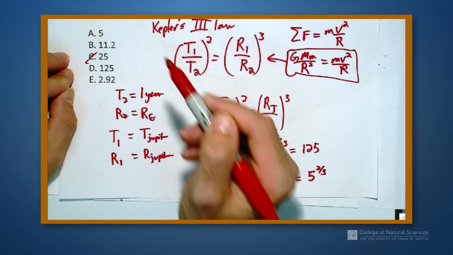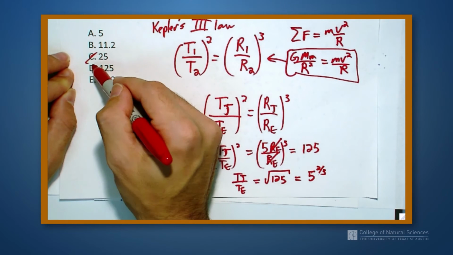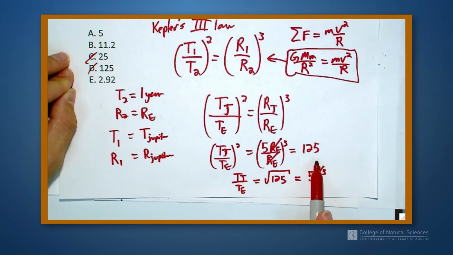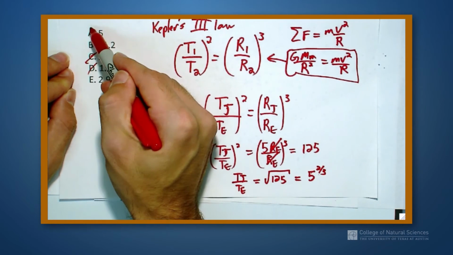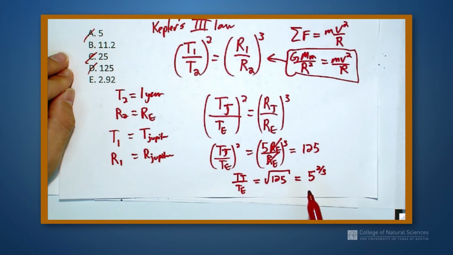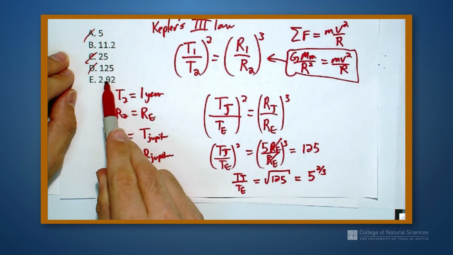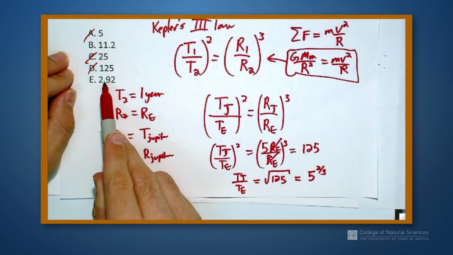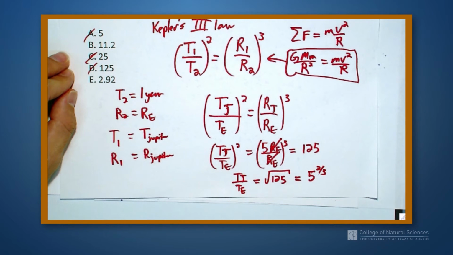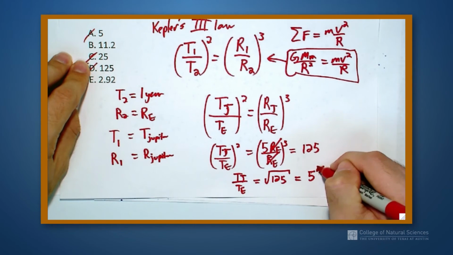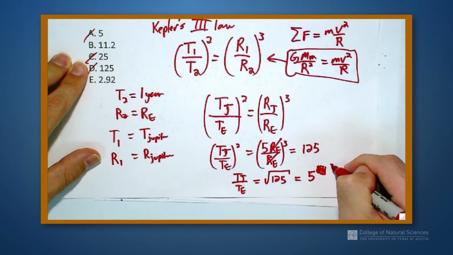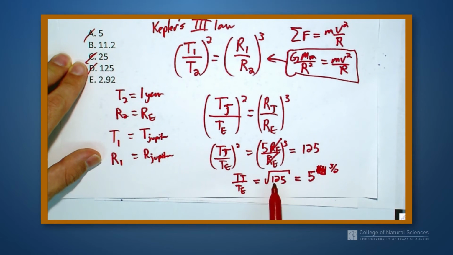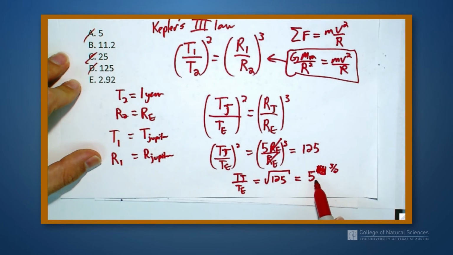Well, 25 is 5 squared, 125 is 5 cubed, 5 is not 5 to the 2/3. Oh, that is wrong, it's 5 to the 3/2. I screwed up my exponents. Square root is a 1/2, 3 was cubed before. Okay, so 5 to the 3/2.